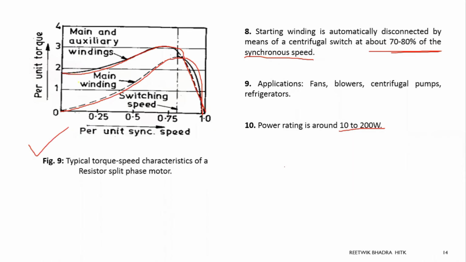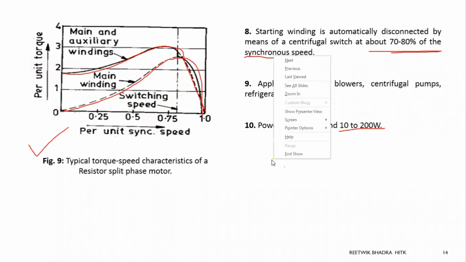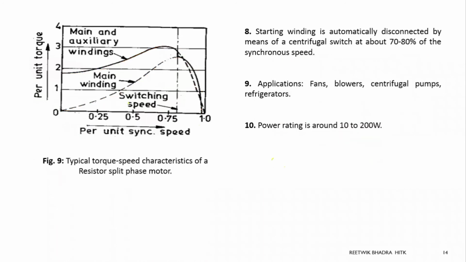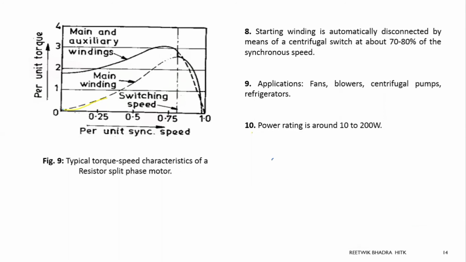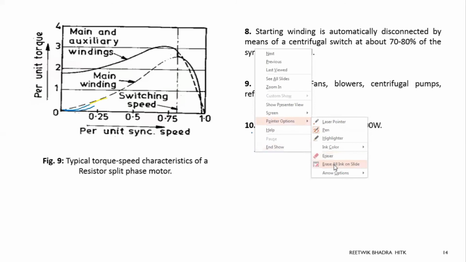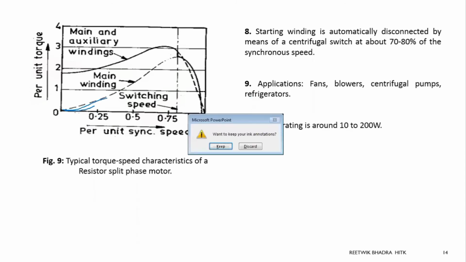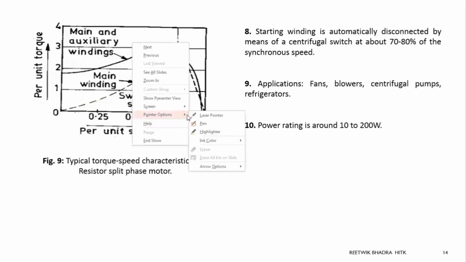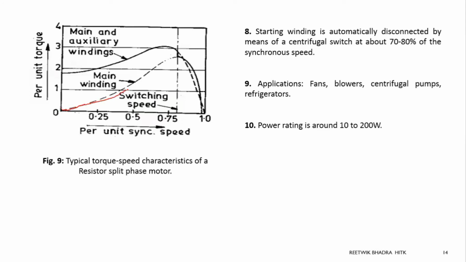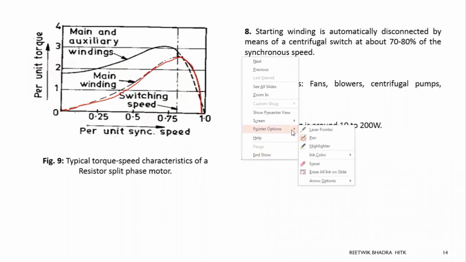Now, at starting, what is happening? This is because of the main winding, the torque slip characteristics.